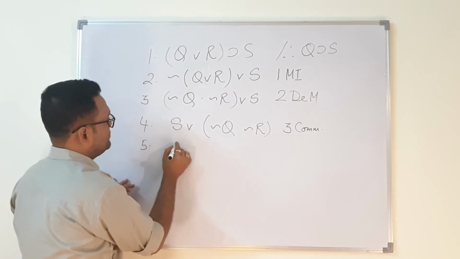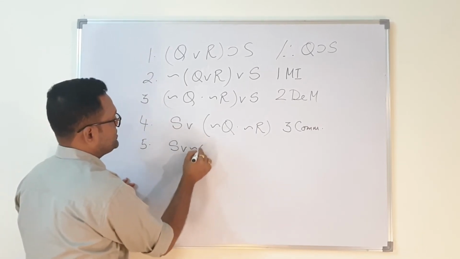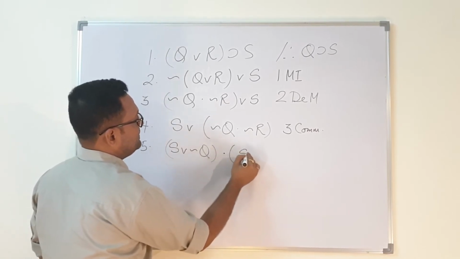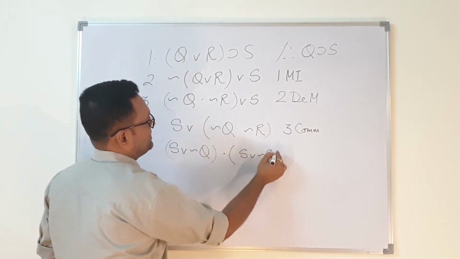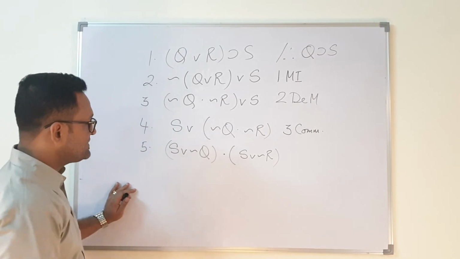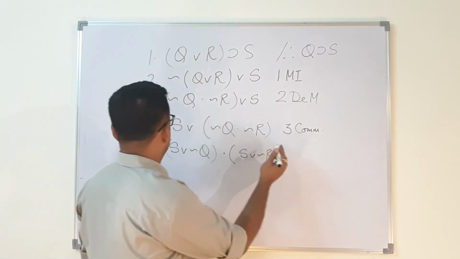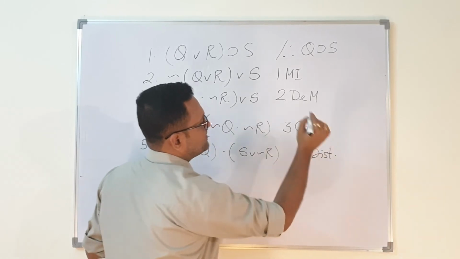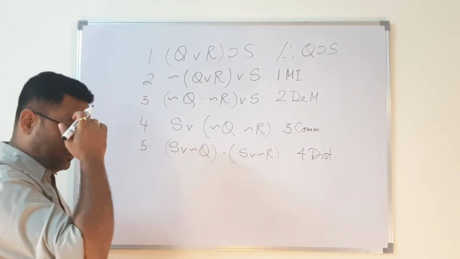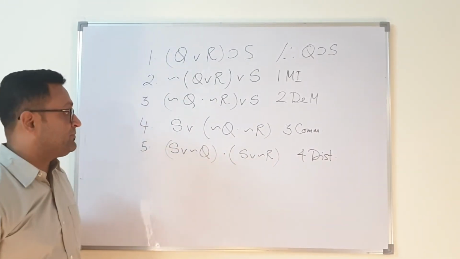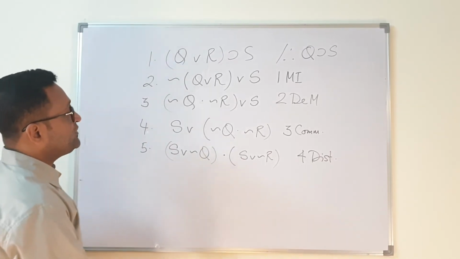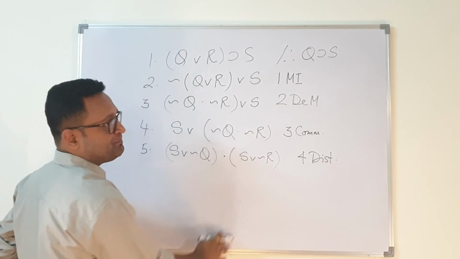So what we will do, we will make it as (S wedge negation Q) dot (S wedge negation R), right? Now on step 4 we have applied distribution, and we get this. Now if you see, we need to reject the R part.